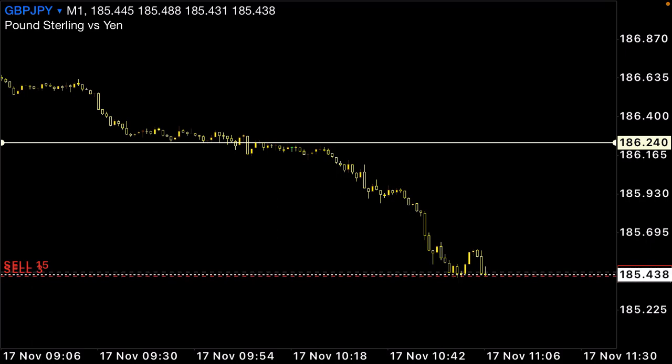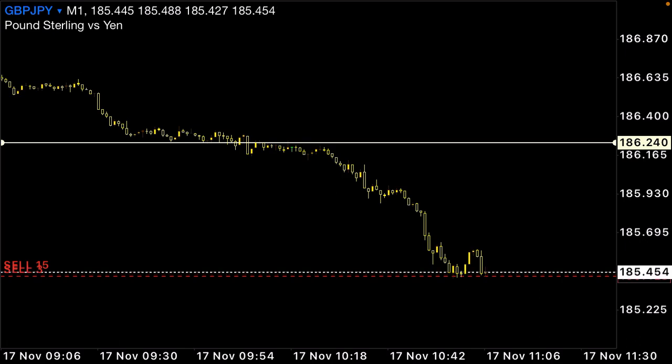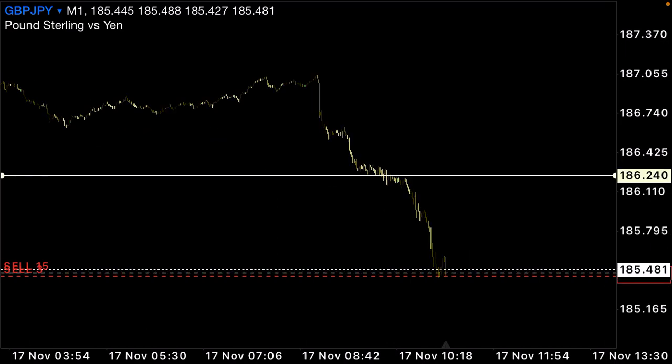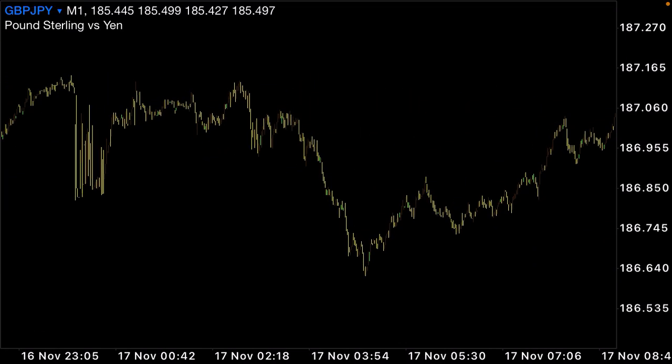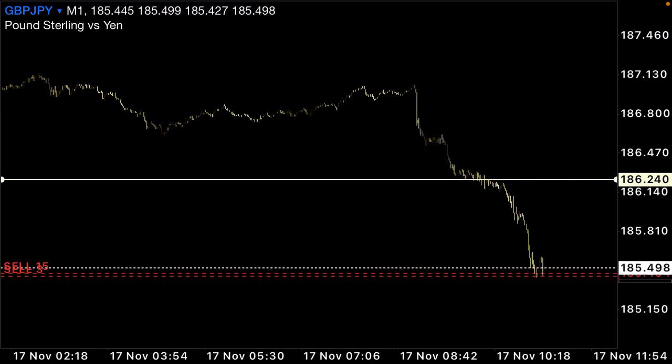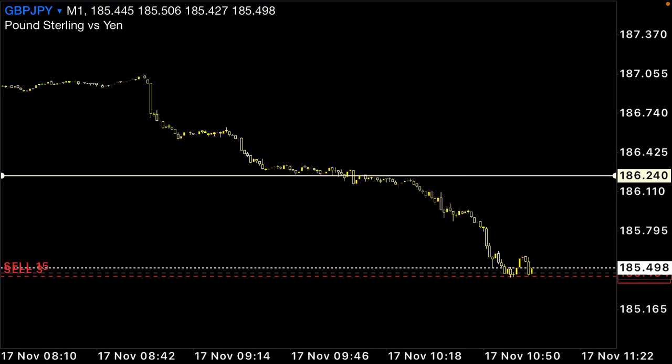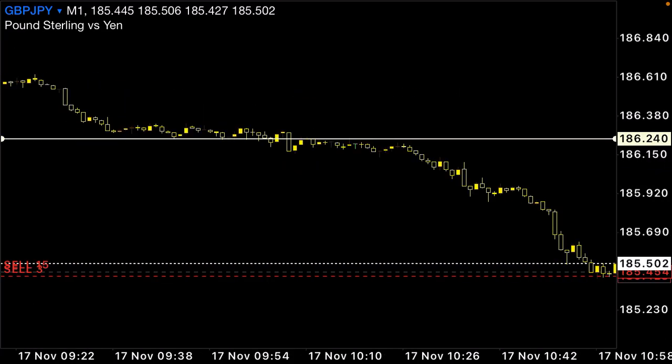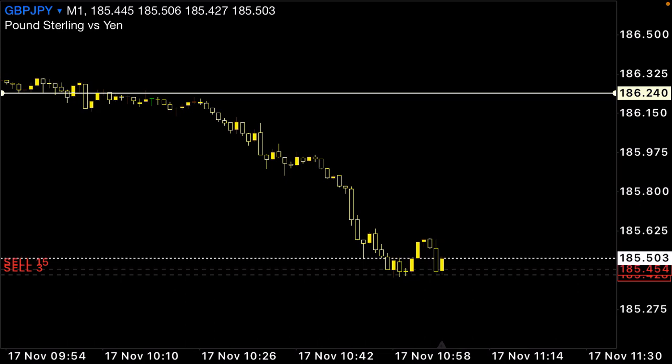So there's the sell, that red line. This is the 1 minute chart. Then squeeze it together to see what kind of... That's as far as it squeezes. So, oh well, just put it back where it was.